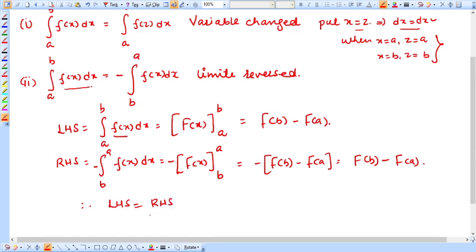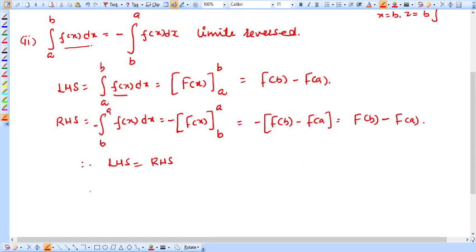Therefore you can write integration a to b f of x dx is equal to minus of integration b to a f of x dx. So this is your second property.